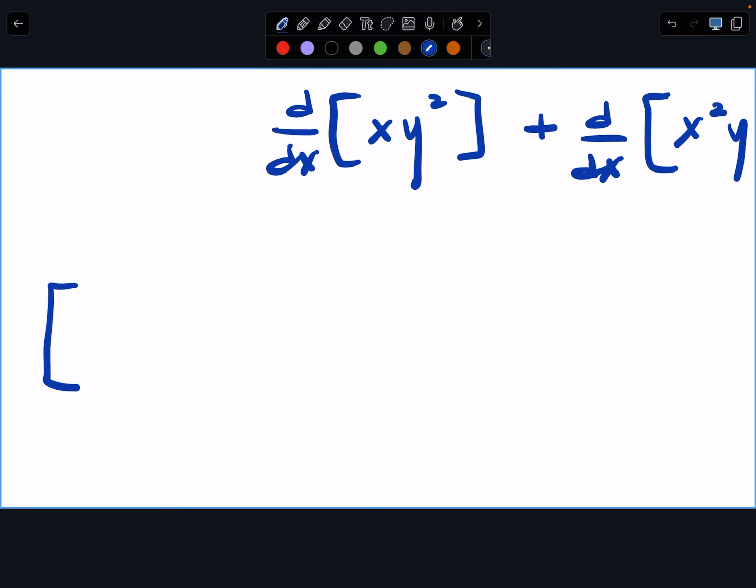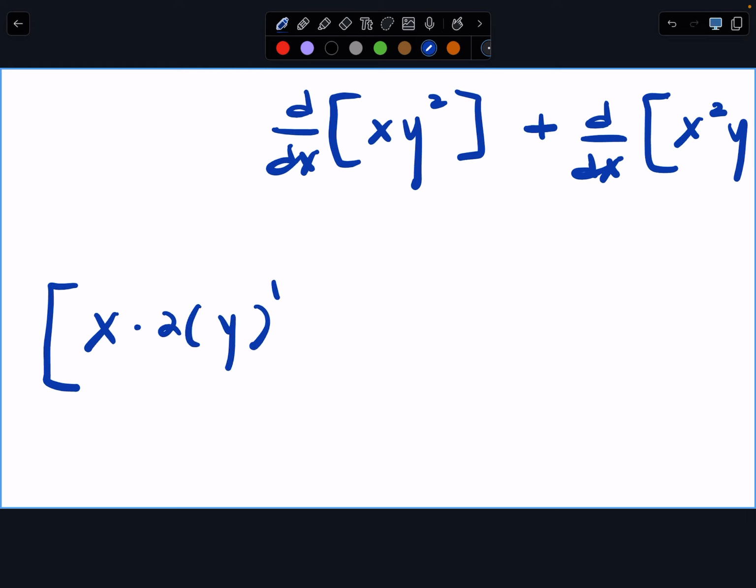Anyways. All right. So we have a product, so let's do a little product rule. Thinking chain rule. So first factor times, to find the derivative of y squared with respect to x, we think chain rule, right?